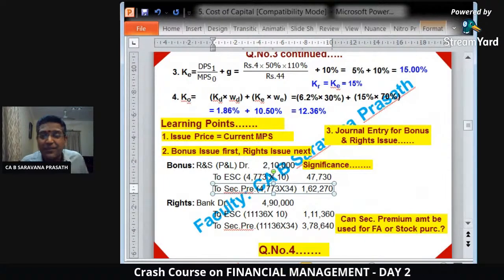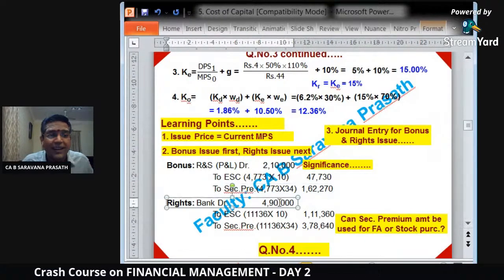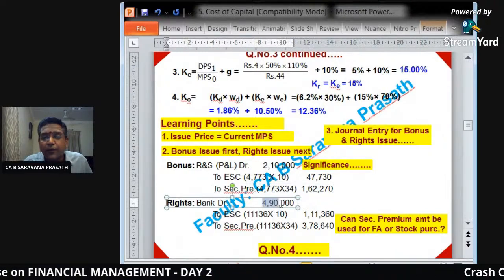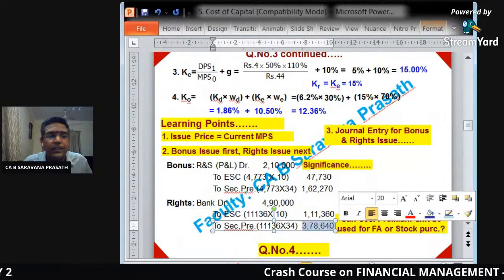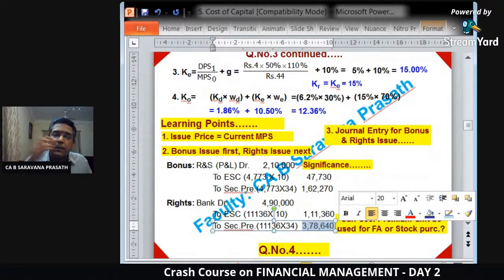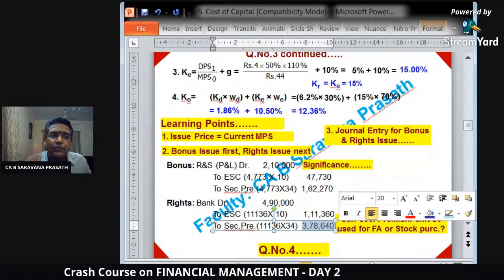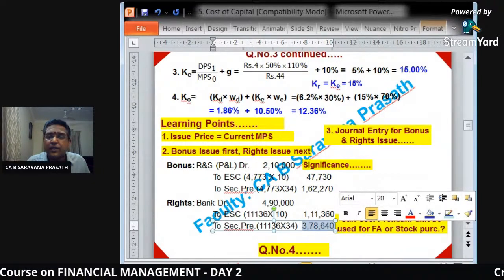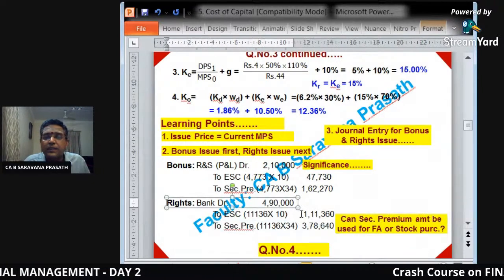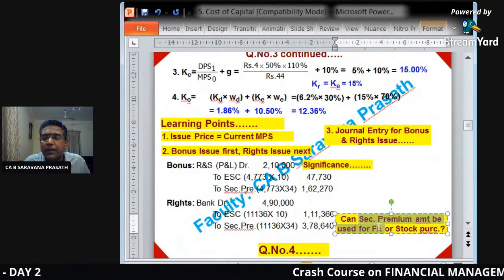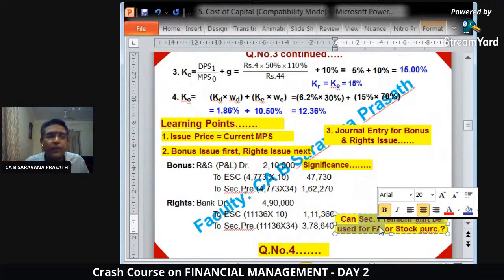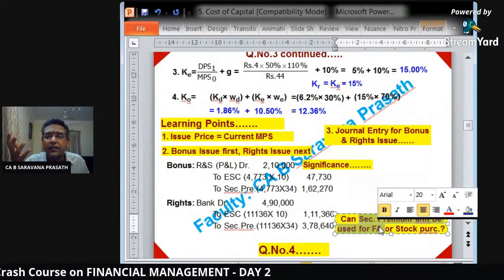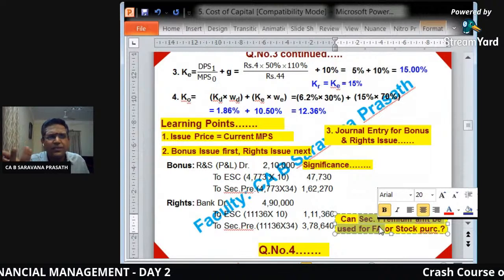Then another point, money is received 4,90,000. Bulk of this 4,90,000 goes into reserves and surplus, securities premium 378. Sir, as per company law, reserves and surplus can be used only for specified purposes. The money that we have obtained as the securities premium, can it be used for purchasing new fixed assets? Can it be used for purchasing new material, etc.? Yes, very much yes.